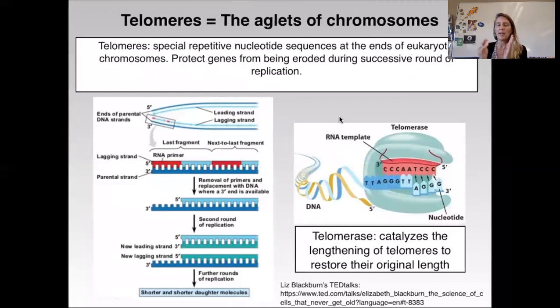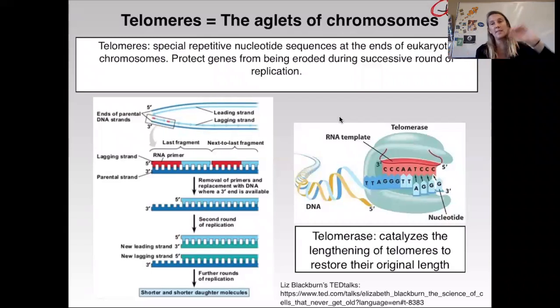All right, so at the very, very ends of chromosomes, if we look at a linear chromosome, we have these very special ends, all right? And those are called telomeres, all right? And they are the aglet of chromosomes. I hear there's a song about aglets in your generation. We'll listen to it in class maybe.